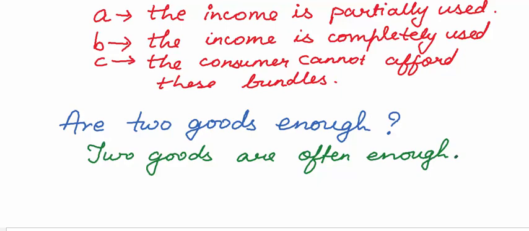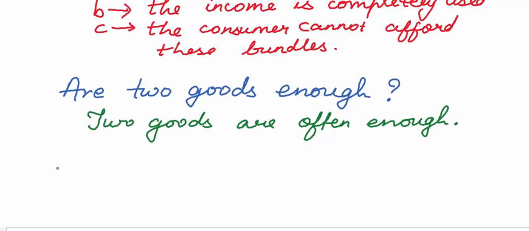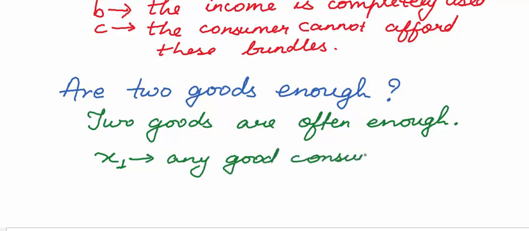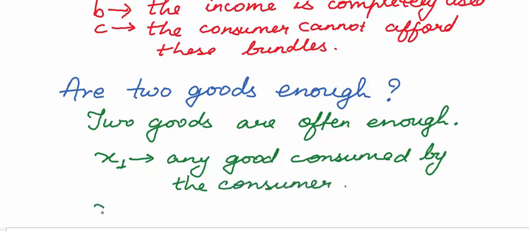The reason behind this being, we assume X1 is a good consumed by the consumer, whereas the second good X2 will denote all other goods except good X1.